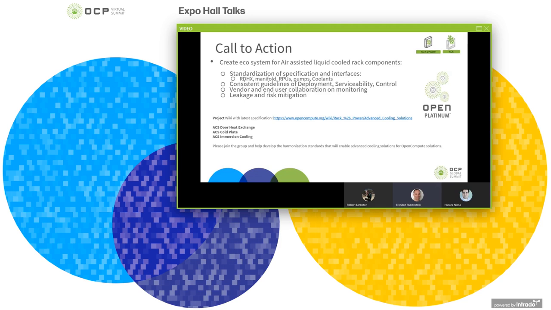So in order to develop at the scale and the cost that we need, standardization of specification and interfaces is required. All the components need to be standardized. They need to fit together.